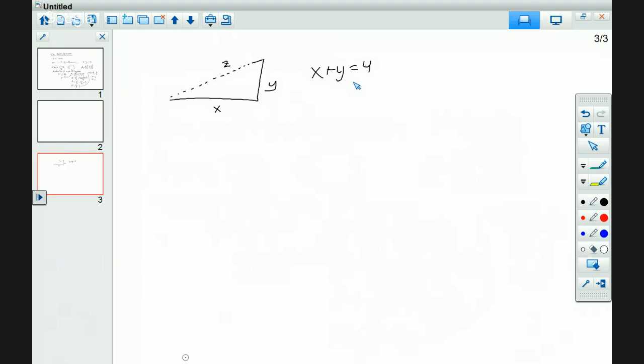And then x squared plus y squared equals z squared. Pythagorean theorem is the equation you need for minimizing. What are we minimizing? Which variable? Z. So you need to get z equals. And this is going to end up a chain rule derivative.